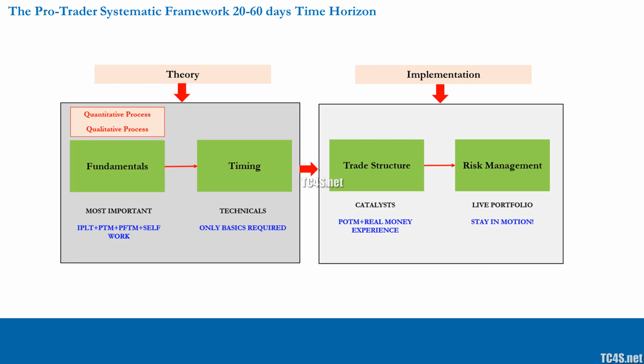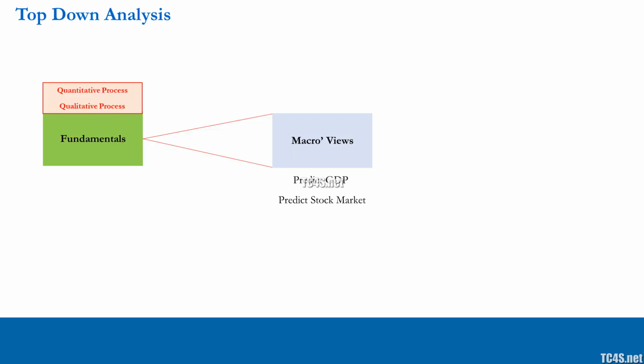So from a top-down perspective, what we're doing is we're looking at the quantitative process through the lens of macro and the top-down analysis. And essentially, what we're trying to do here from a quantitative perspective is look at macroeconomic fundamentals, okay?